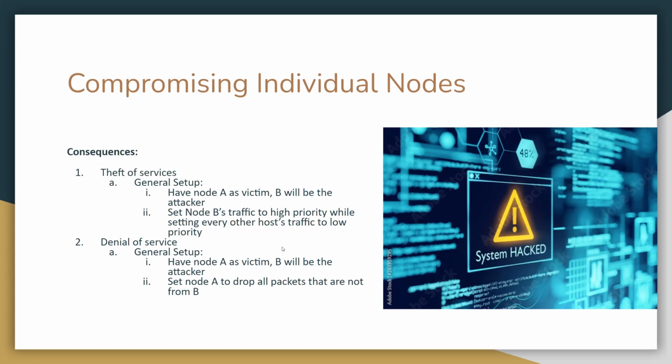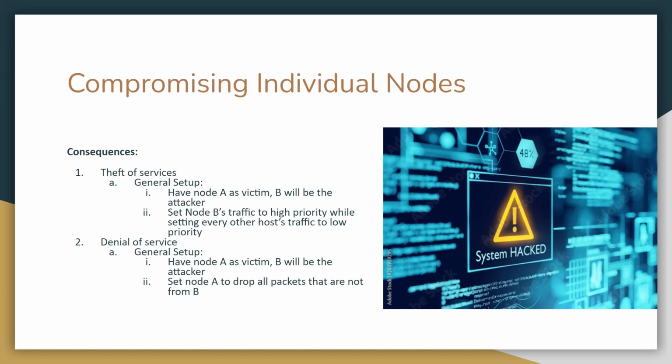So here we have a more in-depth description of our first attack, which is to compromise an individual node. In this description, we have two different consequences. The first being a theft of services and the second being a denial of service. To set up the first attack, we would have one node be the victim and another be the attacker.